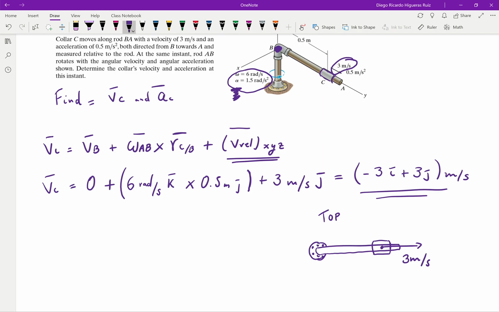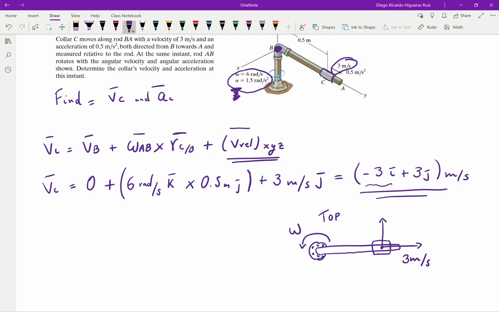Okay, and that's given by the problem. At the same time, this is rotating with this omega, angular velocity, right? And that's going to produce a velocity tangential to the circular path, and it's going to be something like that. And if we look at the result right here, we can tell that it's going to be minus 3 meters per second in the I direction.